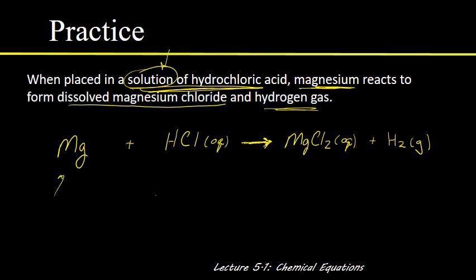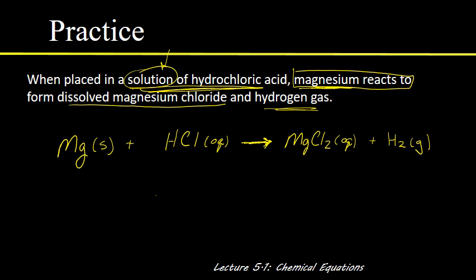Let's come back to our magnesium because we didn't finish that part. Remember, we've got a handful of gases, 2 liquids, and everything else is a solid. So magnesium, under standard state conditions, would be a solid.